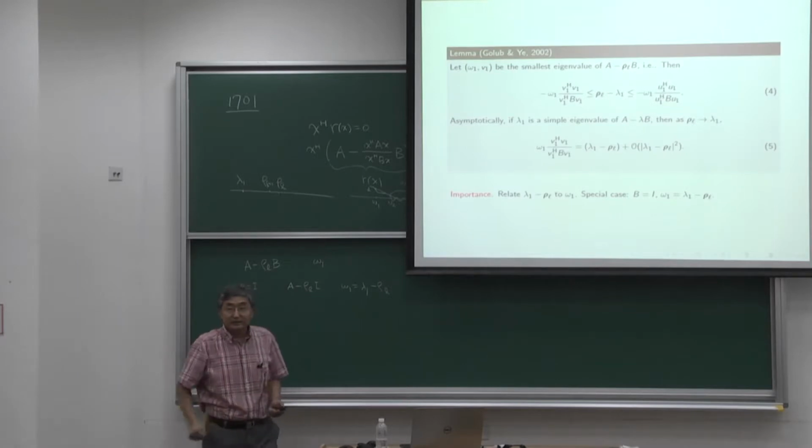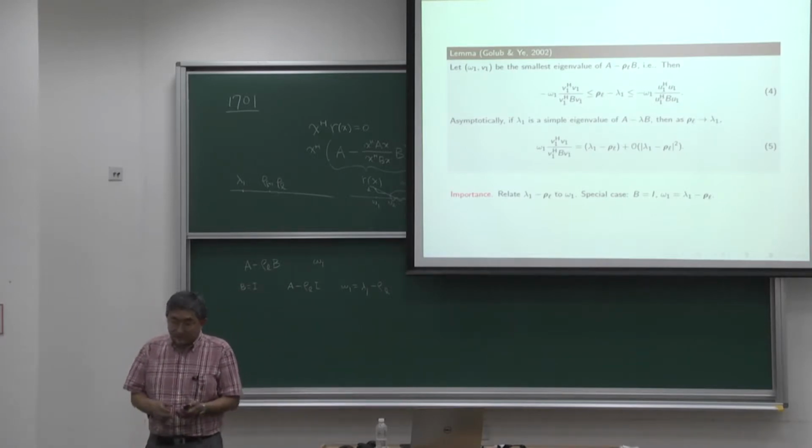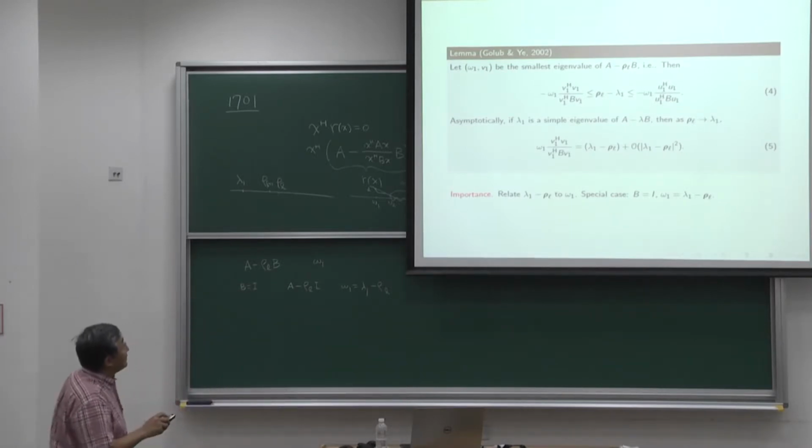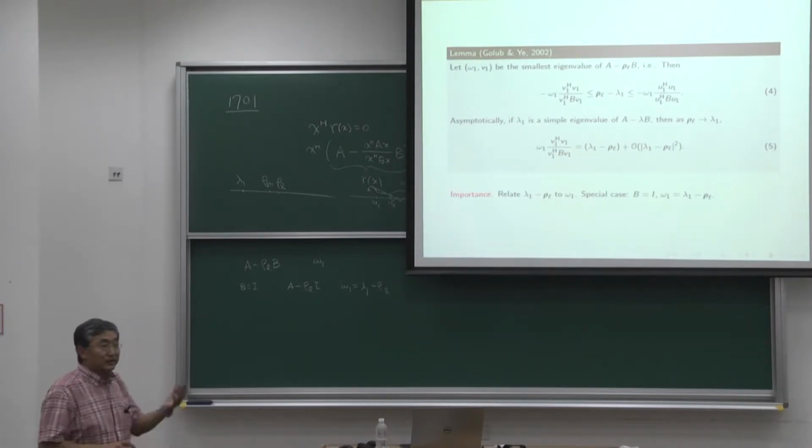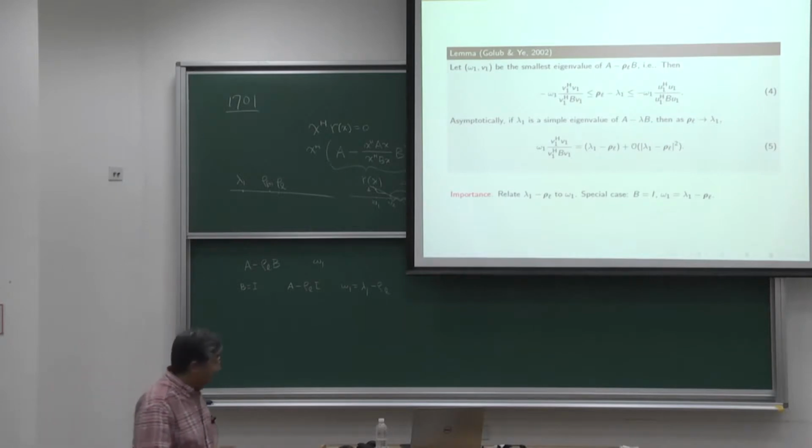That's easy to do. But when B is not an identity, you have this relation asymptotically: omega 1 times something equals lambda 1 minus rho L. This is the big observation of this lemma that is later going to be put into the proof.